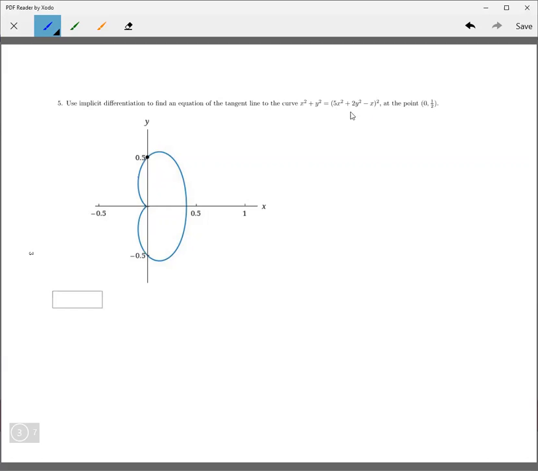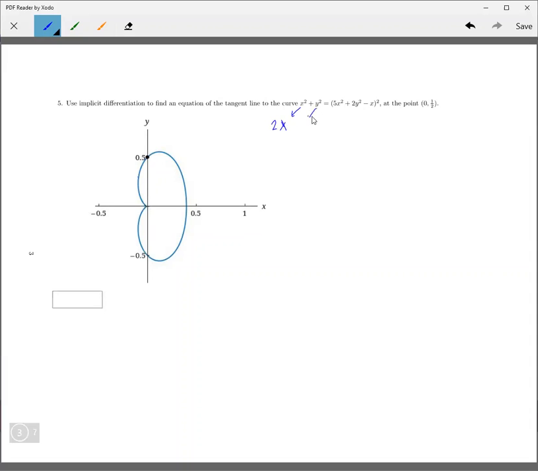And if you plug in a 0 for x, then you do get y being 1/2 as one of the solutions. I mean, you could also get this and this. You get 3 solutions, but 1/2 is one of the solutions. So that's great. Okay, so what you do is you take the derivative with respect to x of both sides of the equation. Okay, so this one is going to be 2x.